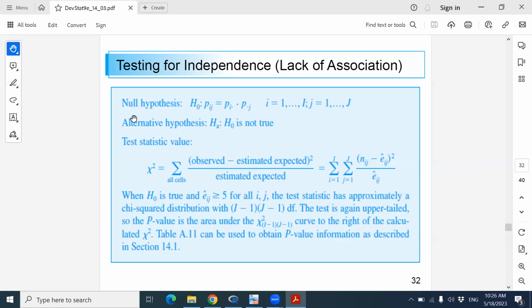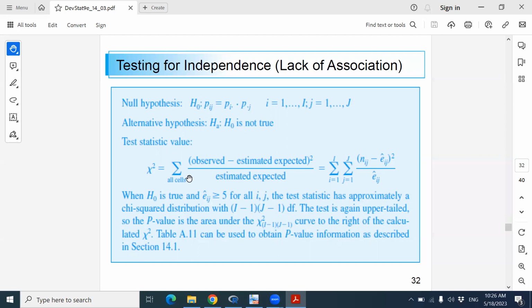In this case, the null hypothesis specifies that the row and column factors are independent. So the cell probability P sub ij is equal to the row probability from the ith row times the column probability from the jth column, the product of the two.